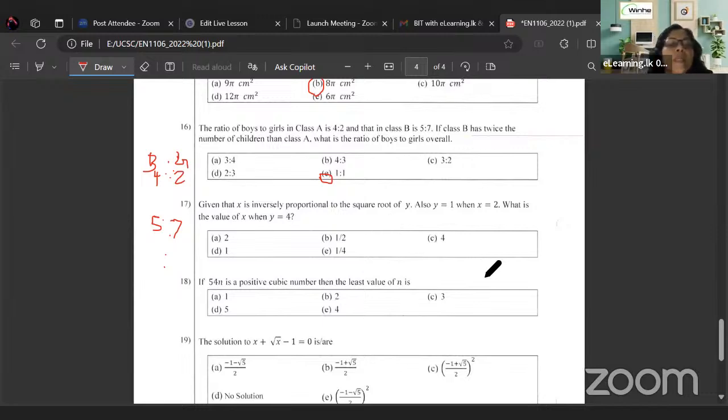So what is meant by inversely proportional? When one quantity is increased, the other quantity will decrease.